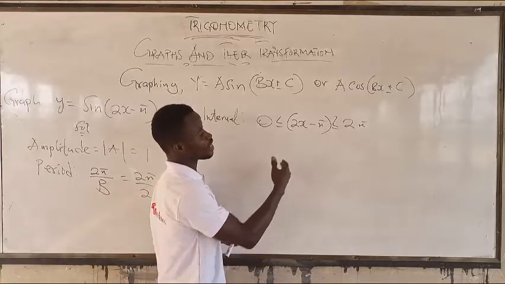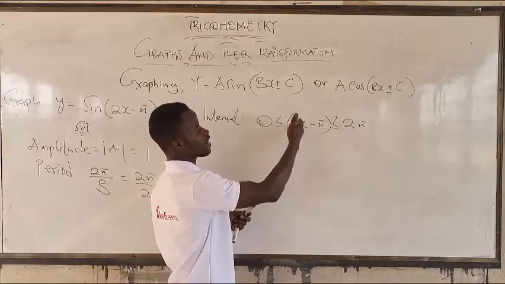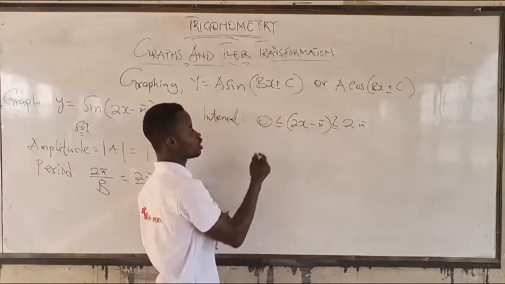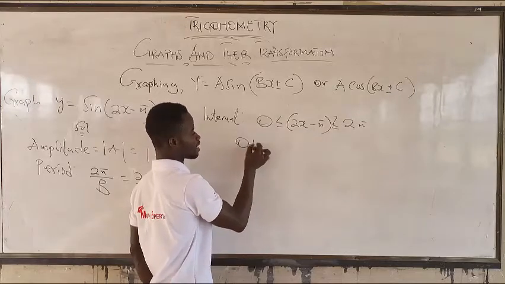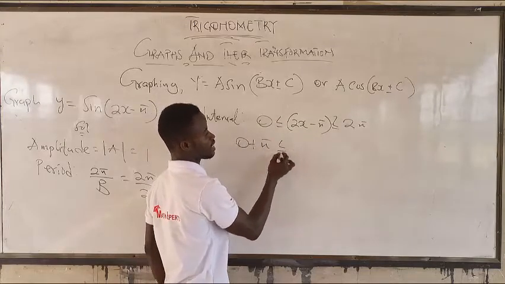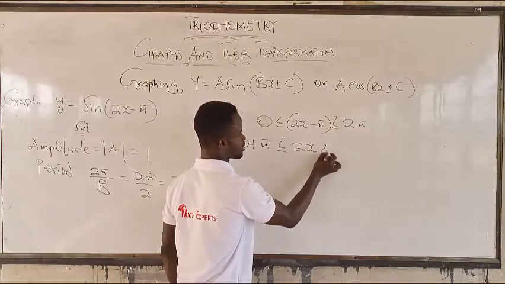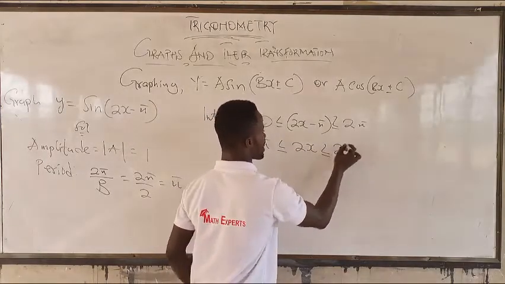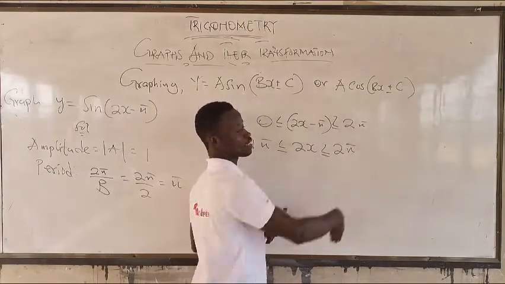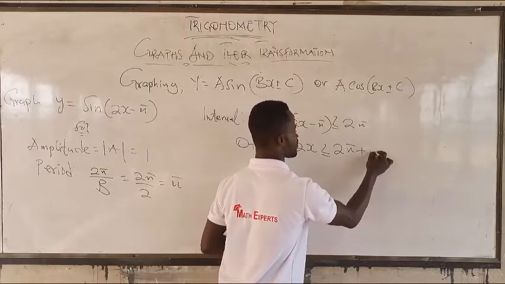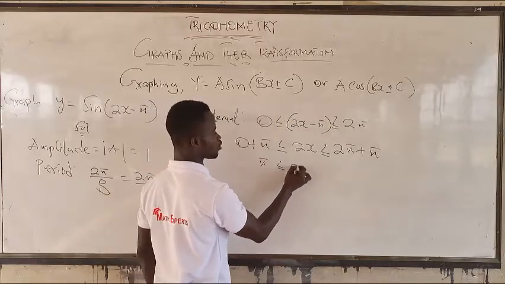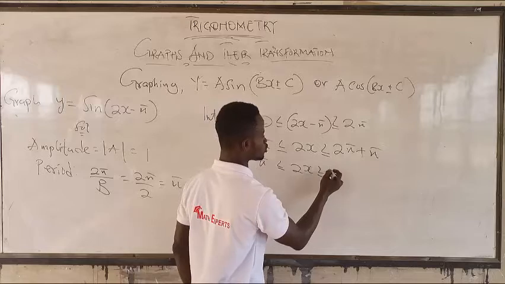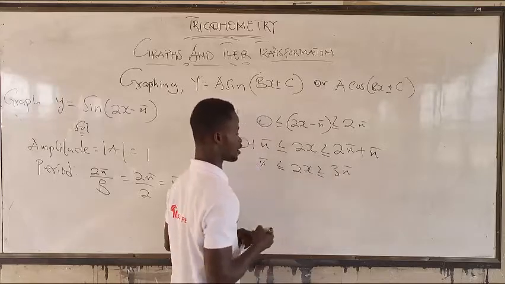So let's look at the right end point, and the left end point. So you move that here and you get 0 plus pi less than or equal to 2x less than or equal to 2 pi plus pi. So this gives pi less than or equal to 2x less than or equal to 3 pi.